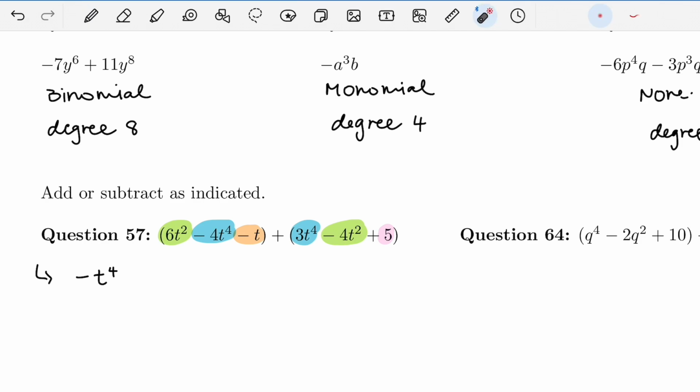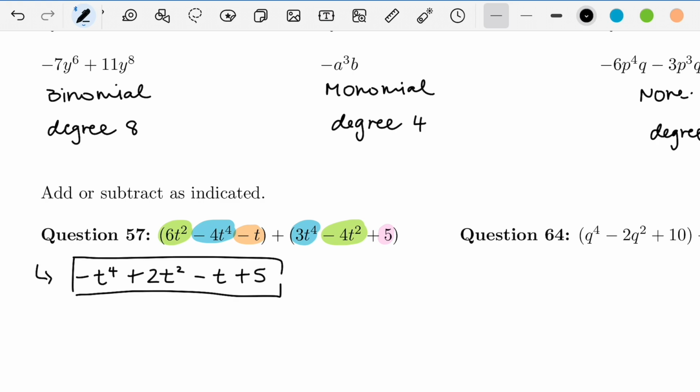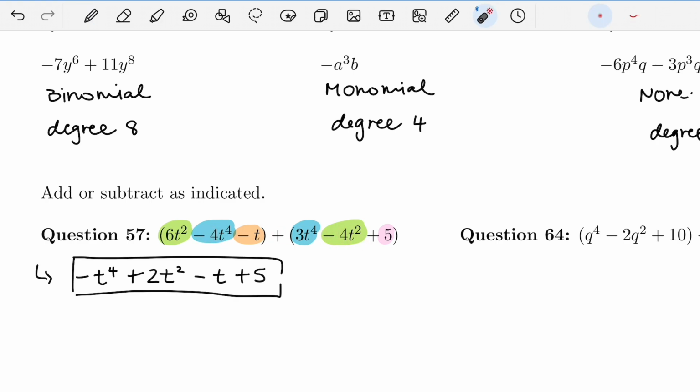Then we do the same thing with these like terms. We have 6t squared minus 4t squared, so this will give us a positive 2t squared. And then we have this minus t. We can't add that to anything, but that's fine. Same thing with this positive 5 here. So this is our final answer, and this is what we get when we add these two polynomials together.